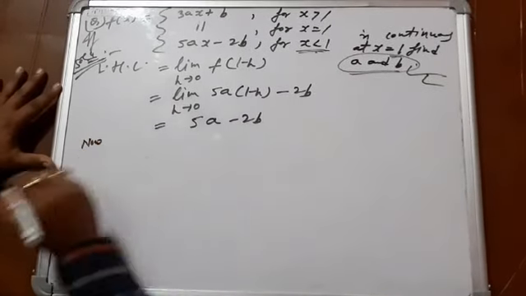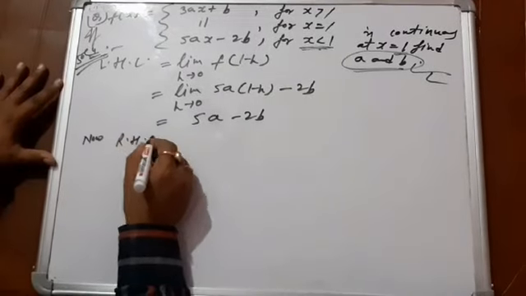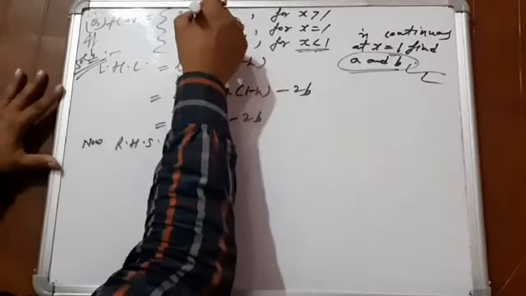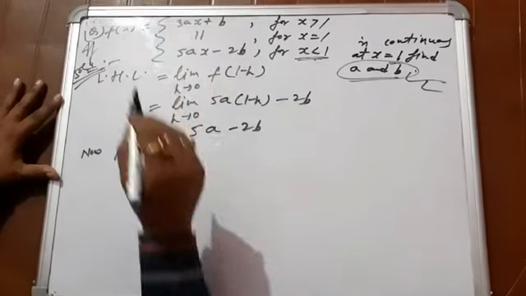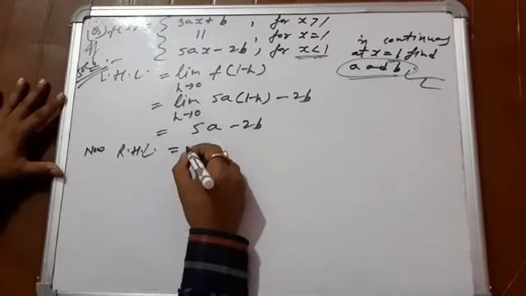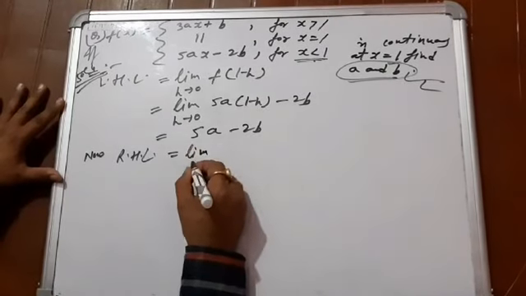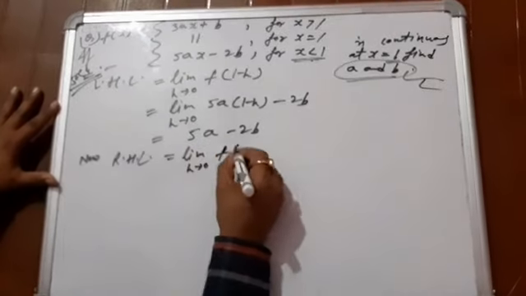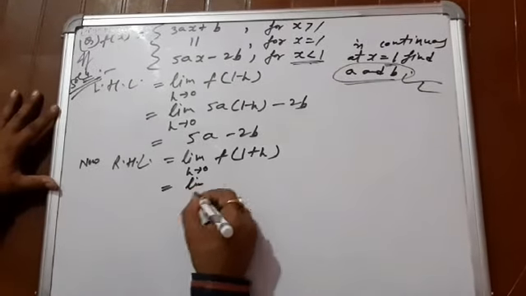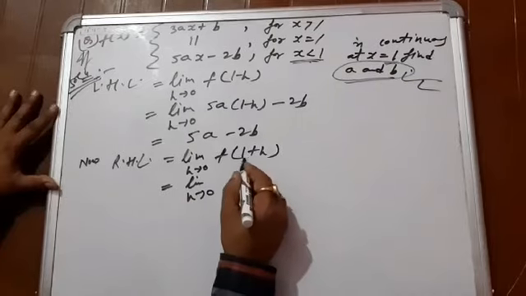Now come to the RHL, because two unknowns are there, so obviously you will get linear equations in terms of a and b. RHL is limit h tends to 0, f(1 + h).